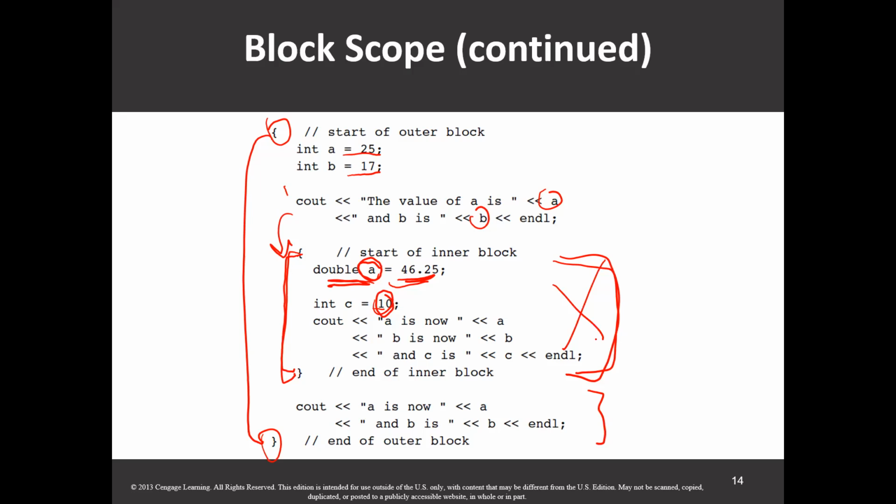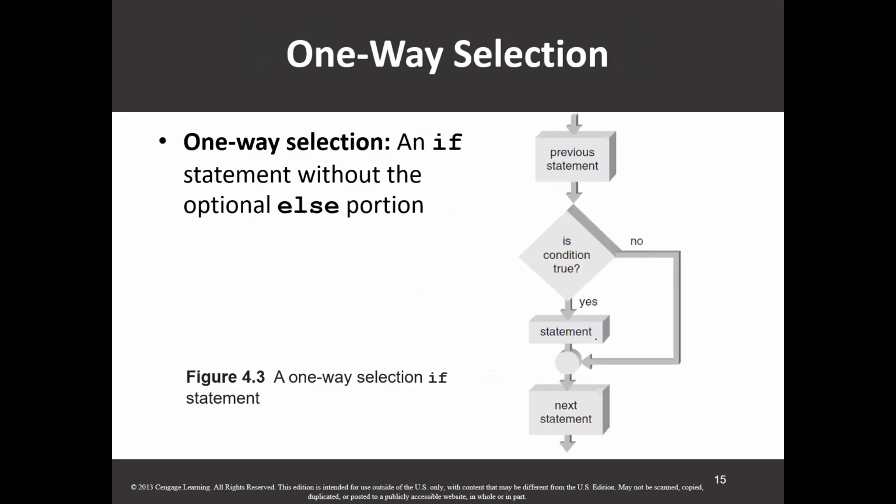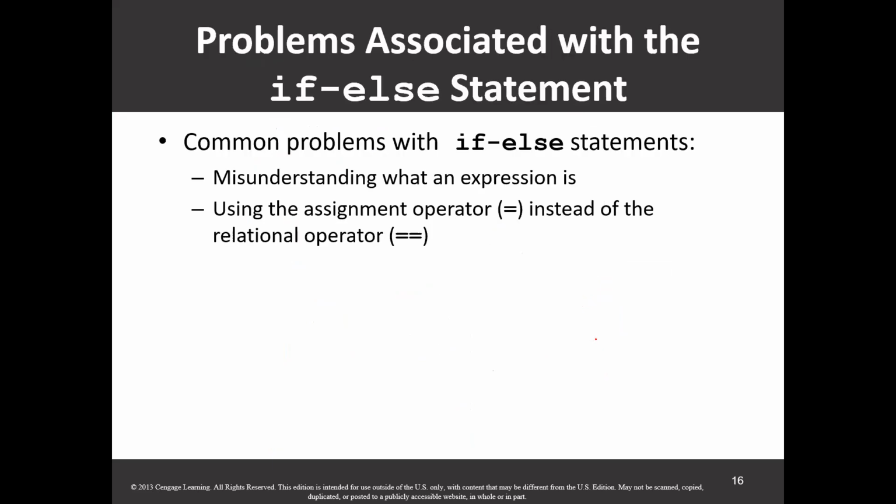Okay, you can even go ahead and try it. It's so interesting. Next we're going to talk about the one-way selection, the if statement or if else statement. We already talked about that. Done.